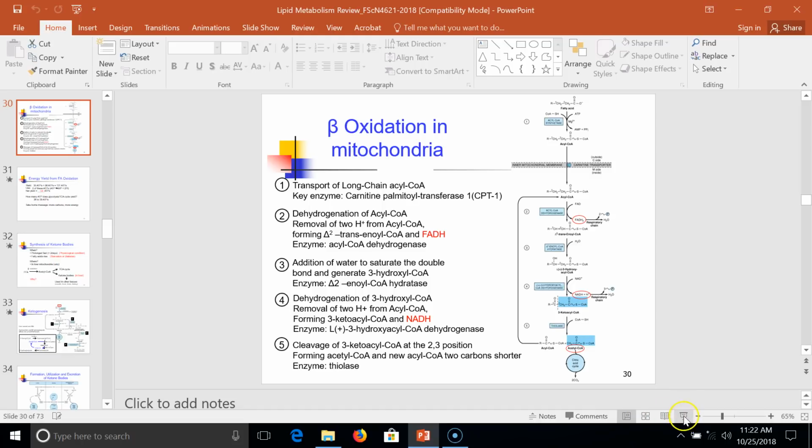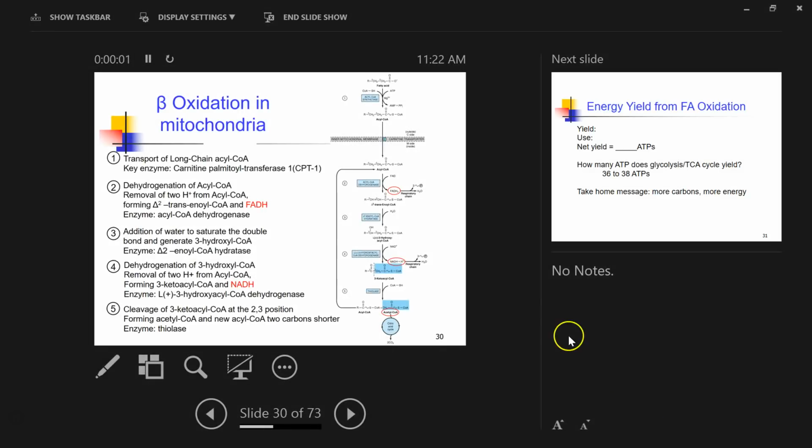So what do you need to know? Again, you don't need to remember the enzyme, reaction, substrate stuff, but it's also doing cycles for beta oxidation. In each cycle, you cleave to release one 2-carbon unit, which is acetyl-CoA.